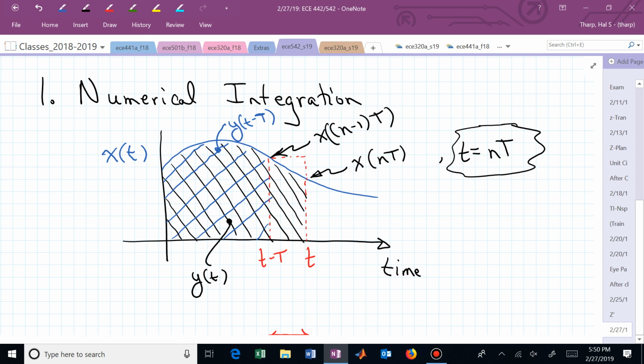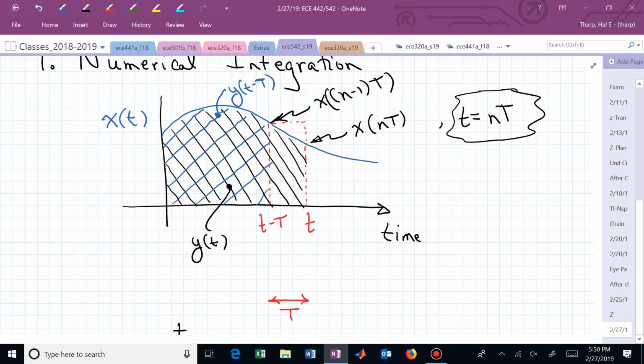The width of that rectangle, this is now little n capital T. This is little nT minus T. Or it's now this distance between those, nT minus T, and that gives us T. The width is now just the sample period.